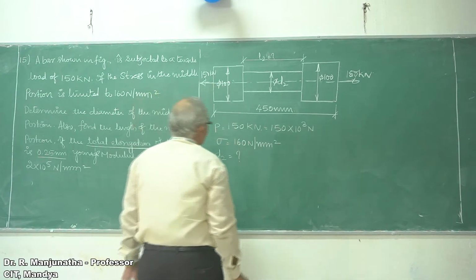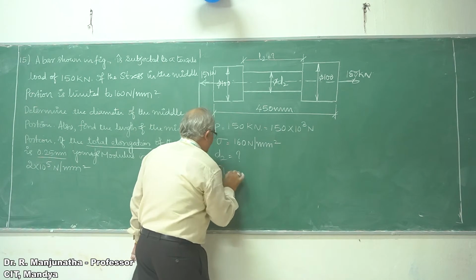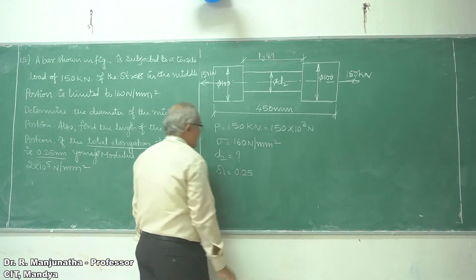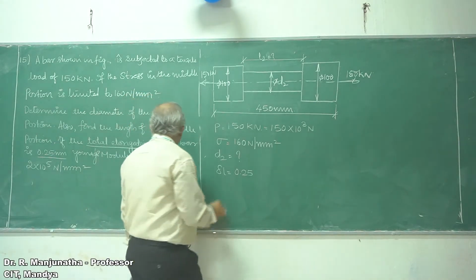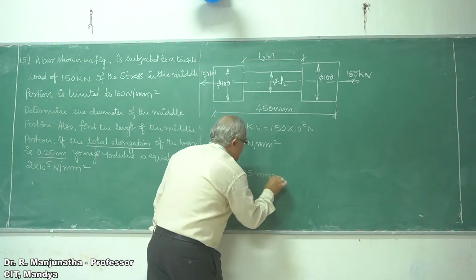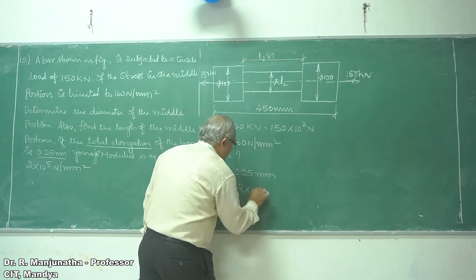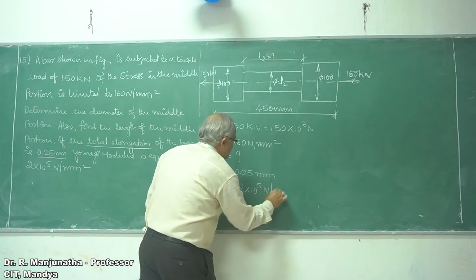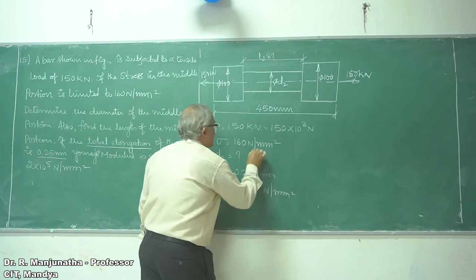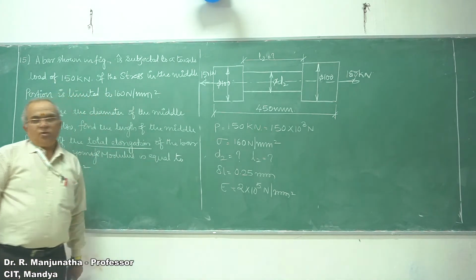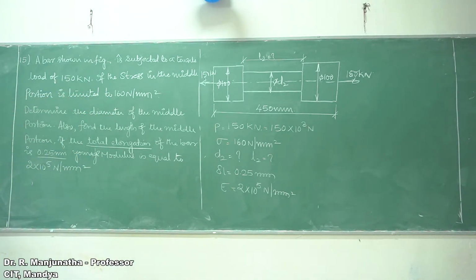So the total elongation delta L is given to be 0.25 mm, and the Young's modulus is equal to 2 into 10 to the power of 5 Newton per mm square. This is the data given, and the length of the middle portion I need to find out. So now we will take up this problem.